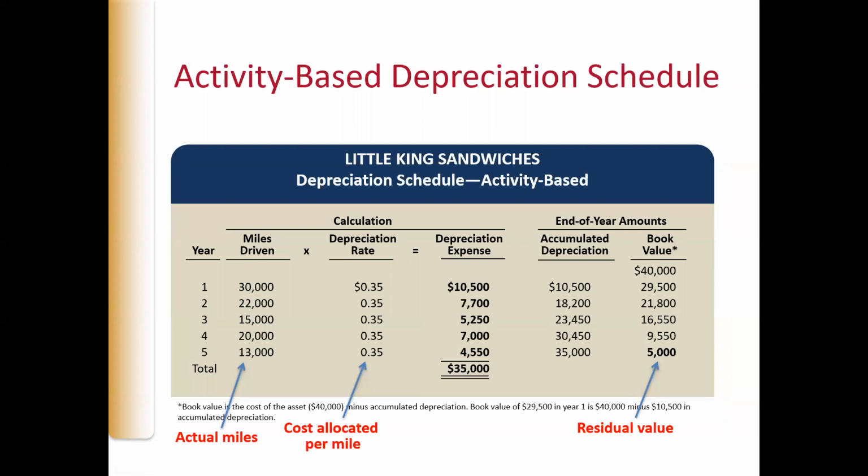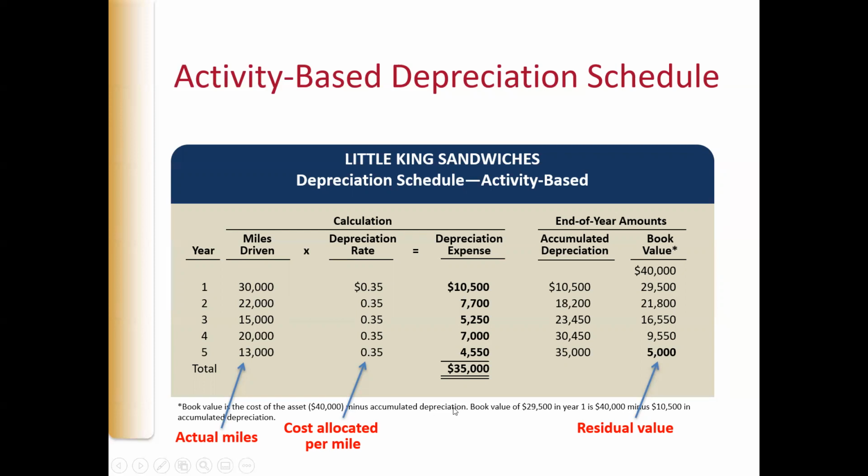So in year 1, if we drove 30,000 miles at 35 cents a mile, we depreciate 10,500 as our depreciation expense. In year 2, if we drove 22,000 miles, we take 35 cents a mile and show a depreciation expense of 7,700.